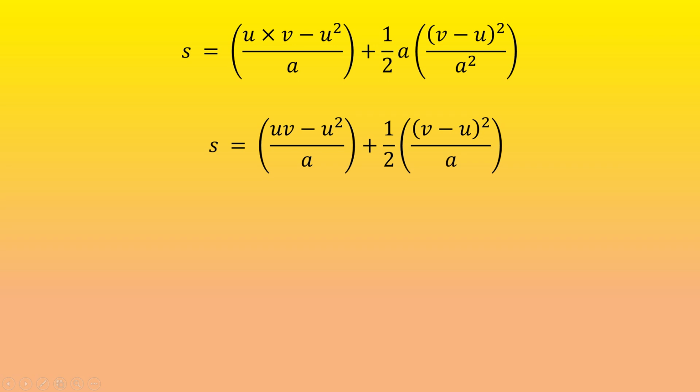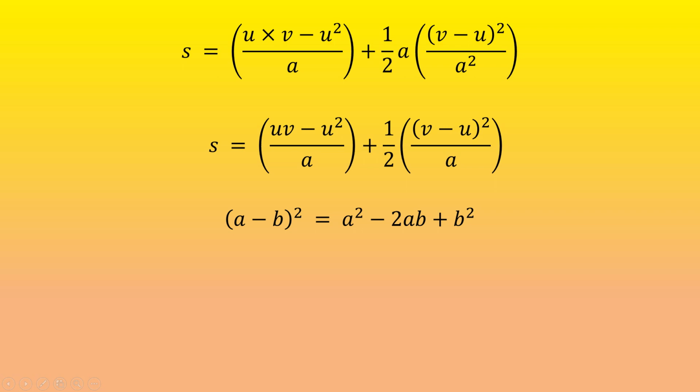Now I'm going to expand v minus u whole square. From the equation a minus b whole square, we know that a minus b whole square is equal to a square minus 2ab plus b square. So in the place of a we have v, in the place of b we have u.